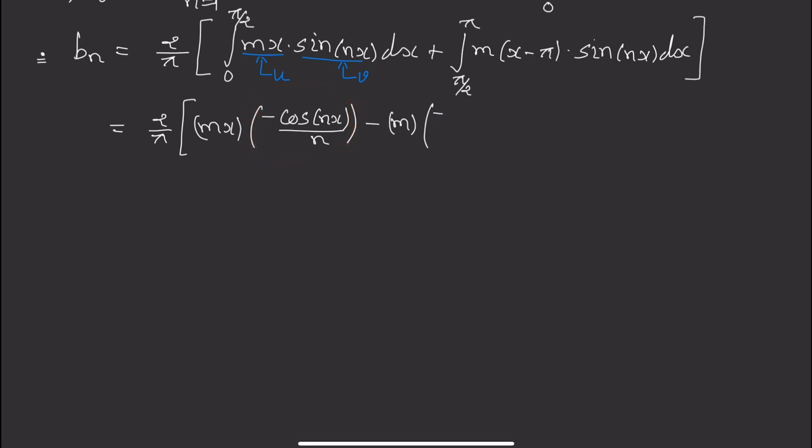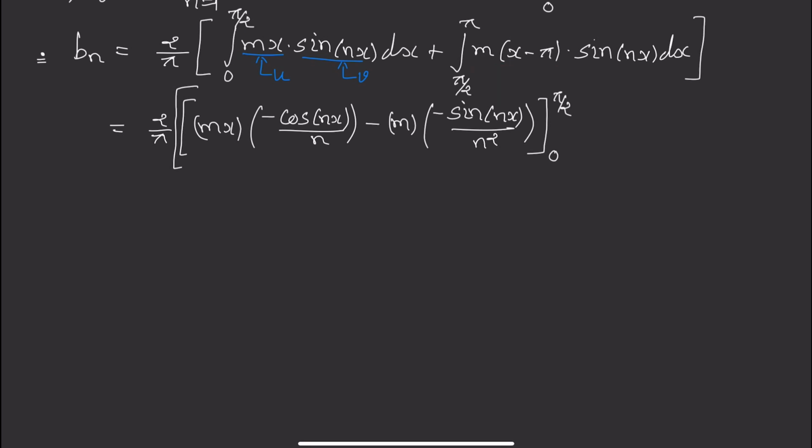So the integration is minus sine nx upon n square, for the limit 0 to pi by 2. This is the integration of this integration. Now let us integrate this quantity.